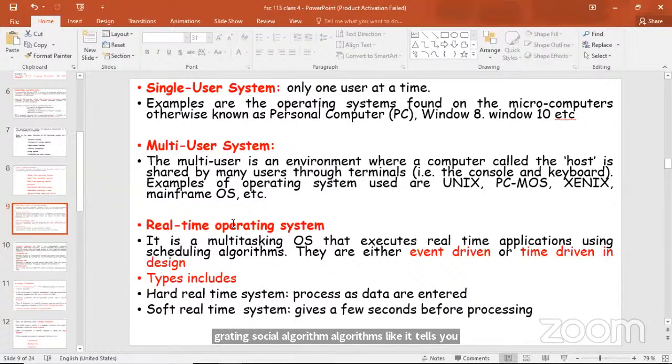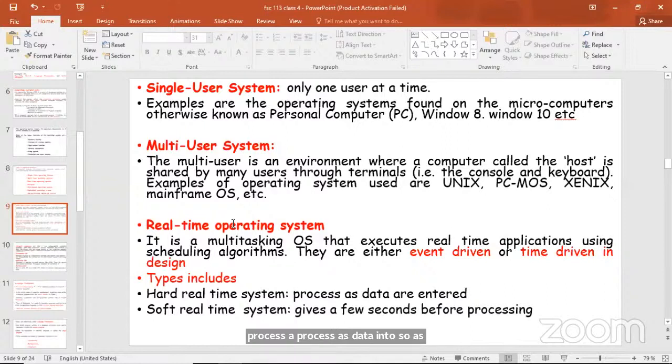They are either event-driven or time-driven. When you say event-driven, it may be that once something happens, it triggers the next thing to happen. But with time-driven, there are specified times that the action will have to happen. So types include the hard real-time system and the soft real-time system. The hard real-time system processes as data are entered.